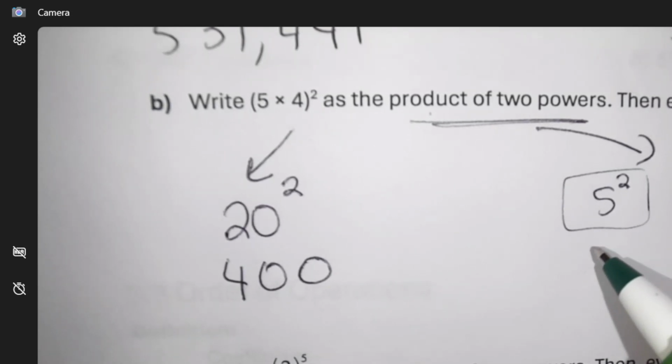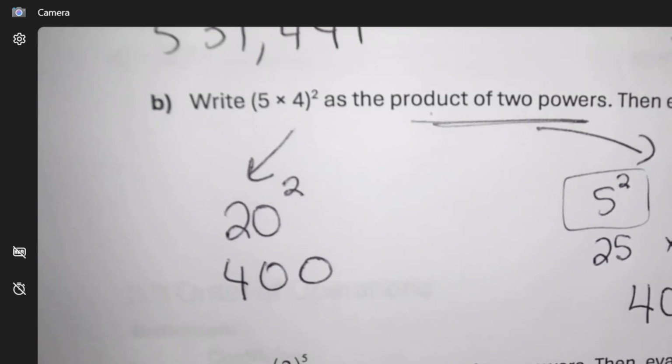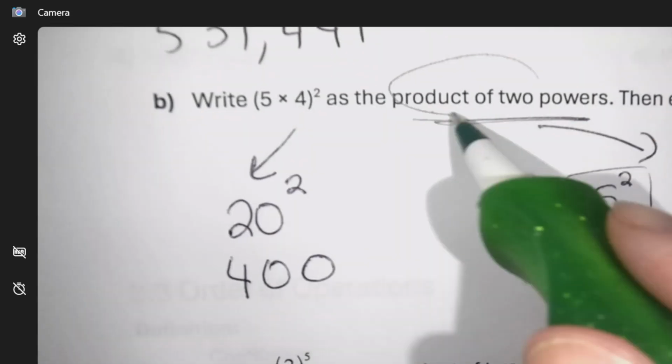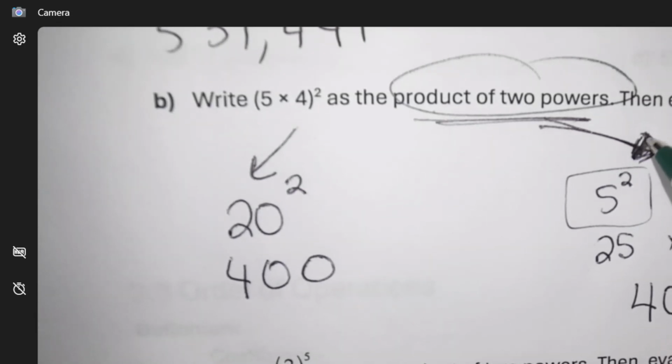What is 5 squared? 25. 25 times 16 equals 400. Same thing, look at that. So this question asked for that way, but I'm trying to show you that there's another way to do it, right?